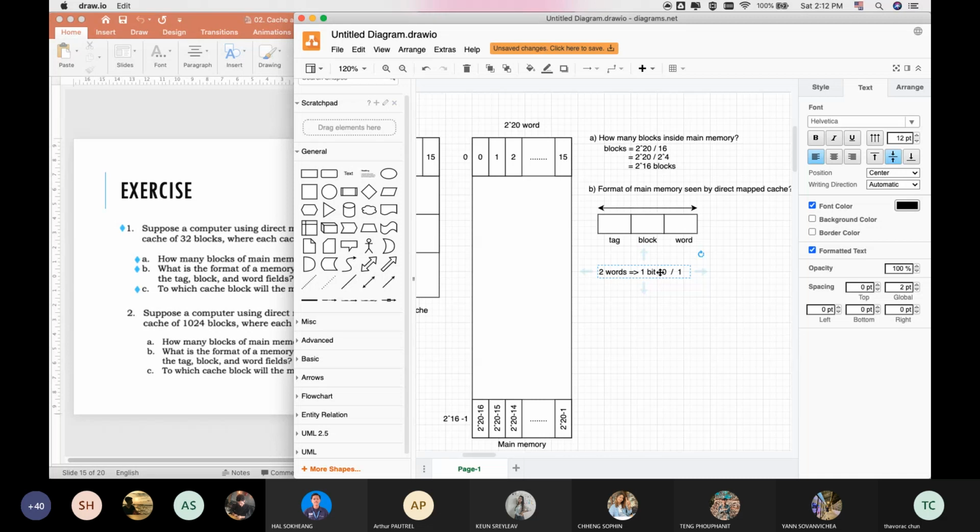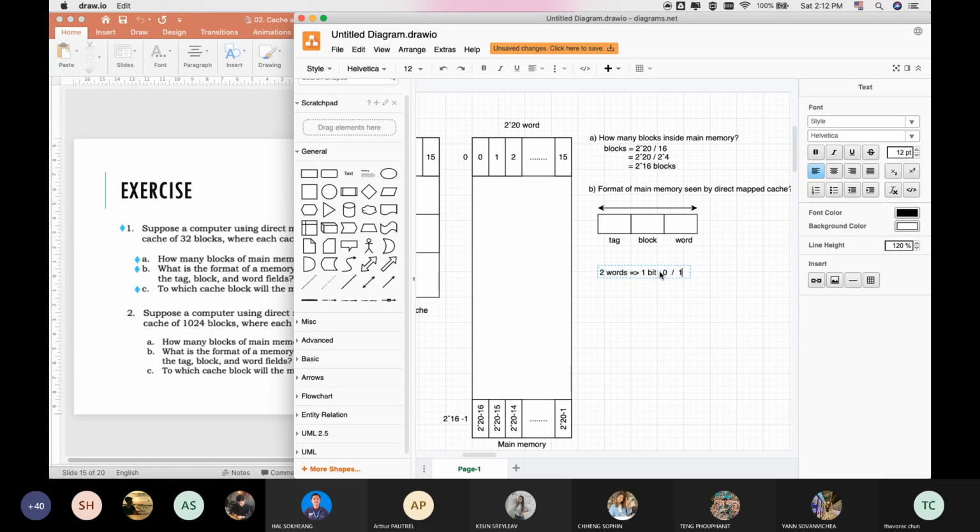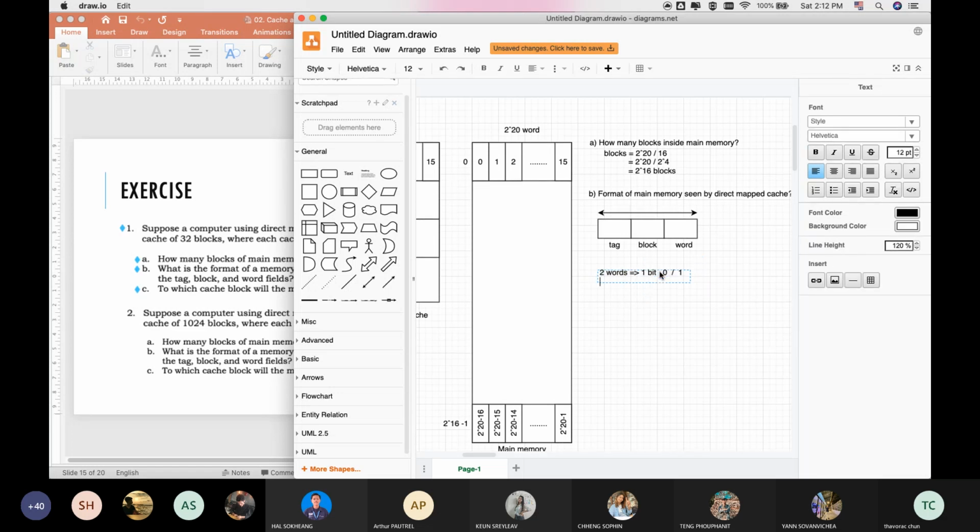In other words, you only need 1 bit because 1 bit has 2 possible values, 0 and 1, right? So what if the memory has 4 words? How many bits do we need to encode the addresses of the 4 words?